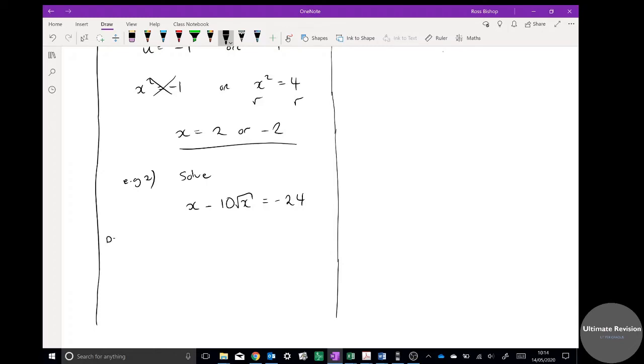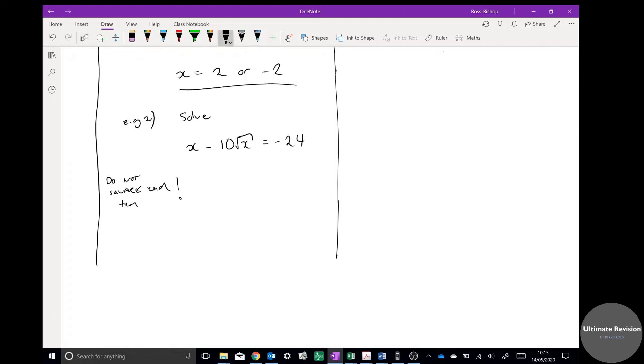So do not square each term. That's a bit of a disaster if you do that. What I'm looking for here is a clever substitution that's going to make this into a quadratic. You might want to pause and have a think about what you could let u equal that would make this a quadratic.